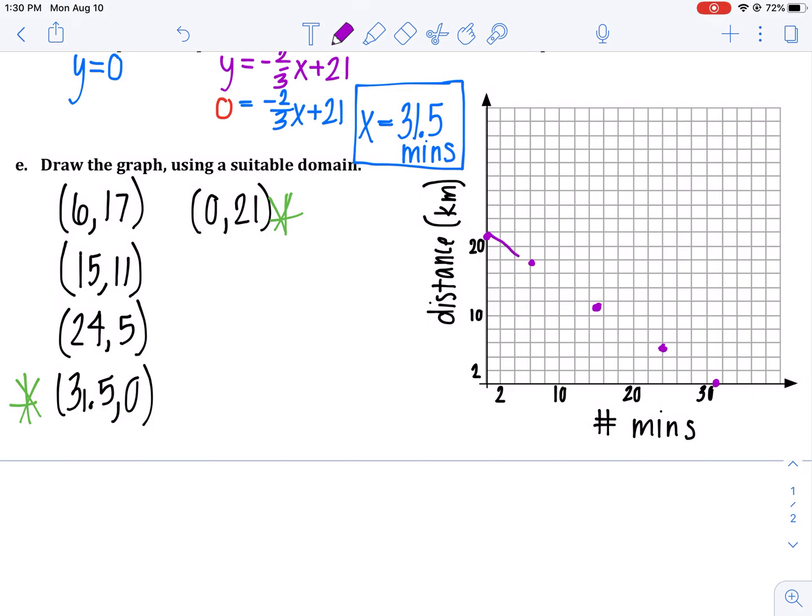Hopefully, if you did it right, you would be able to connect a straight line between them.